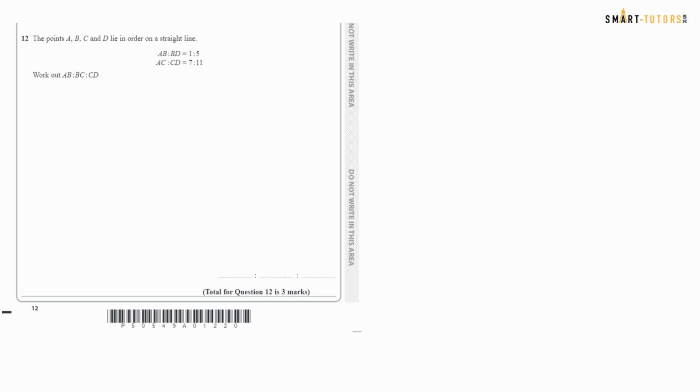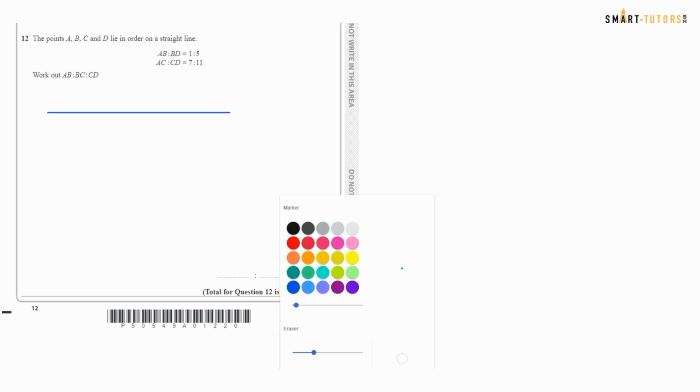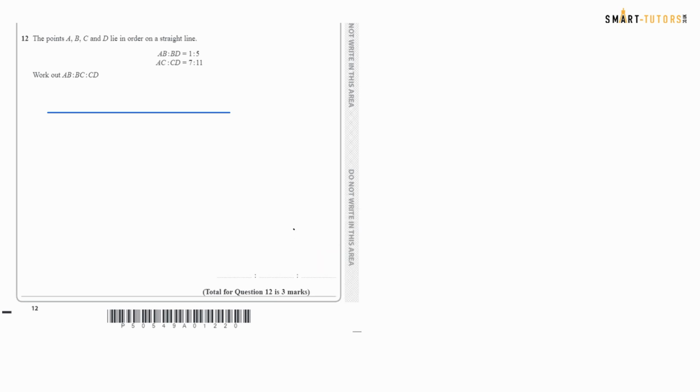So basically they're talking about a straight line with 4 points. So this is A, this is D, and B is here and C is somewhere here.